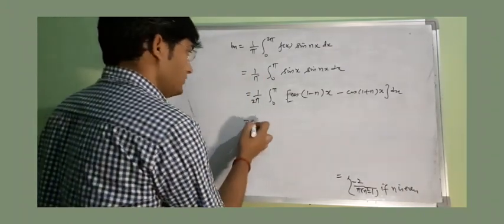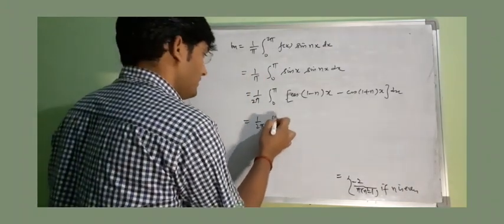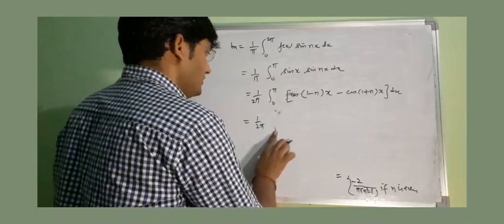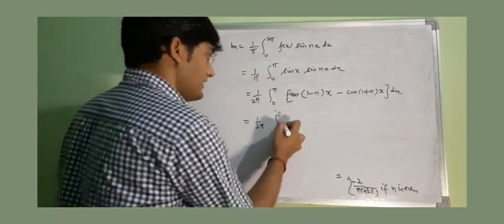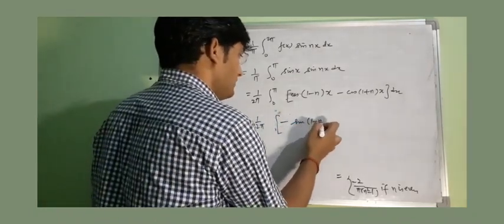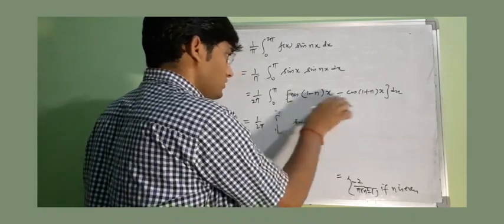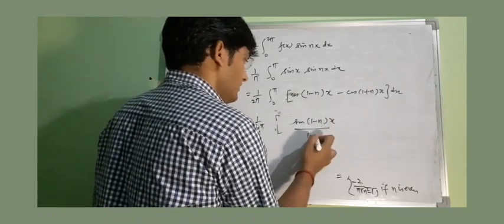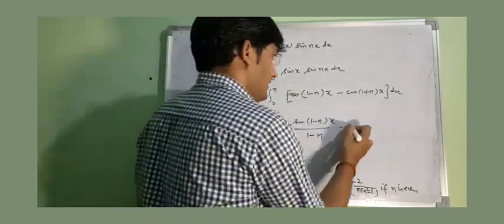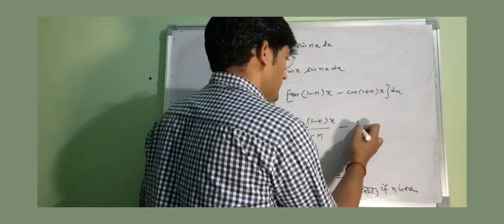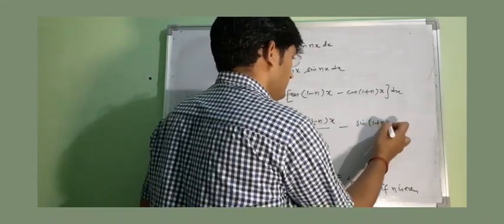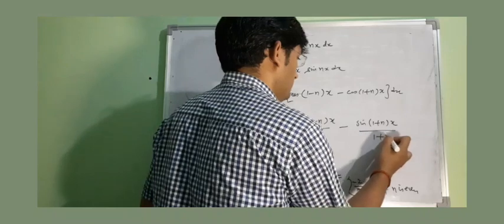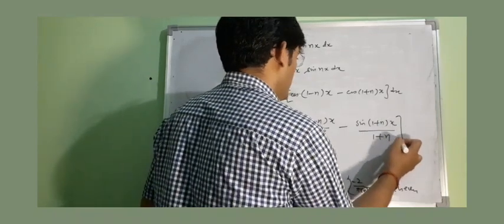And this is equal to 1 by 2 pi 0 to pi. As we know that the integration of cos is sin, so this will be sin 1 minus n x divided by 1 minus n. Again here the integration of cos is sin, and the limits from 0 to pi.